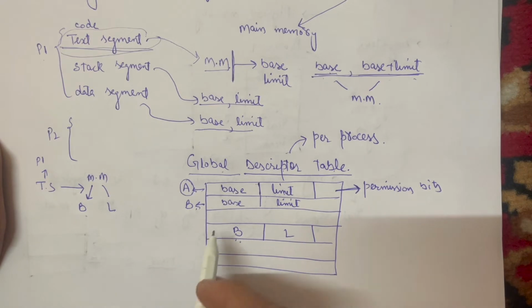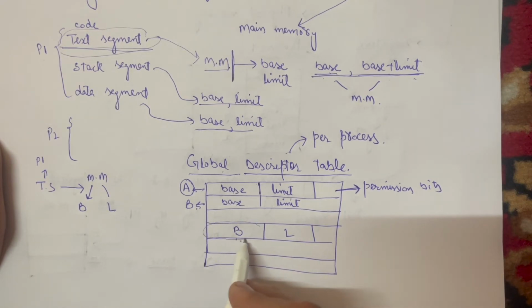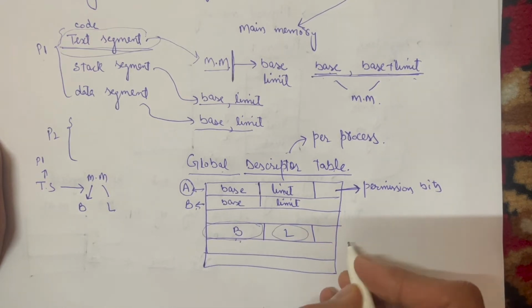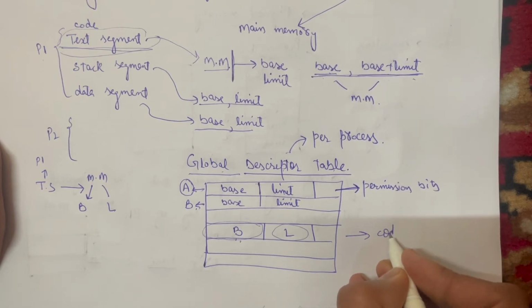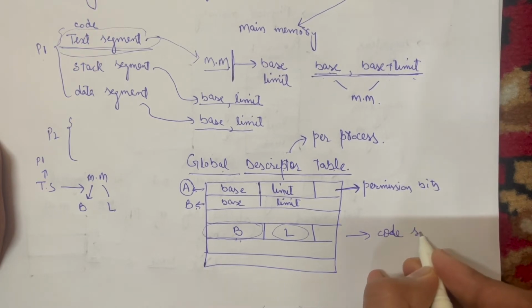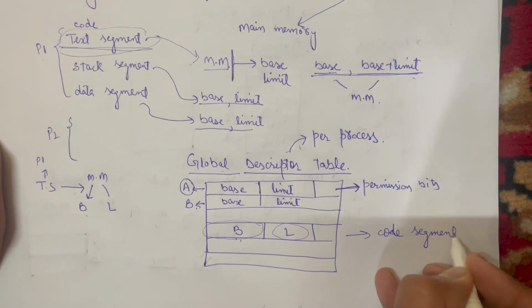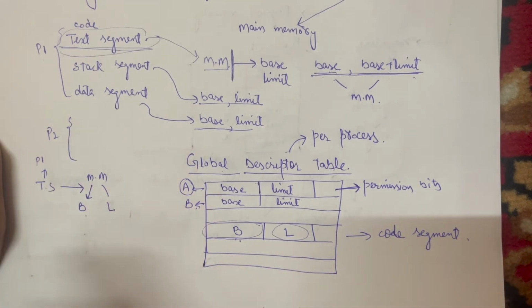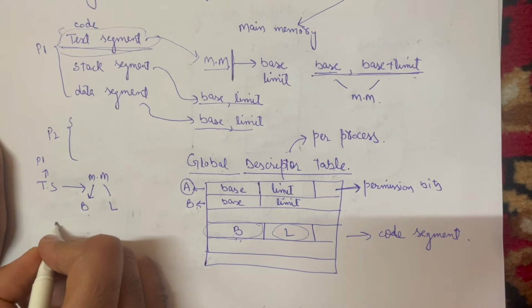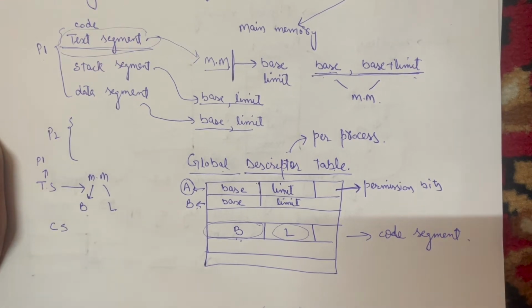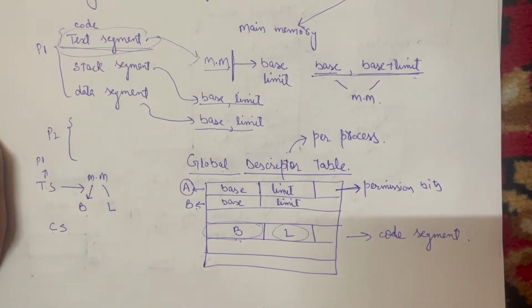Okay, but I should know that this particular entry belongs to the code segment, or we can say text segment. How will I know? As I have already said, for implementing segmentation we need some special registers, and one of the special registers is called CS register, which is also called code segment register.